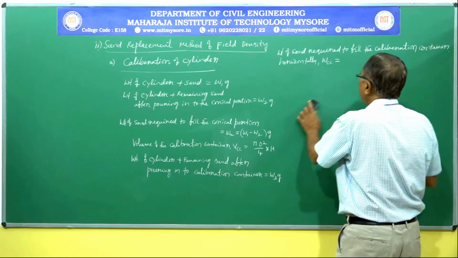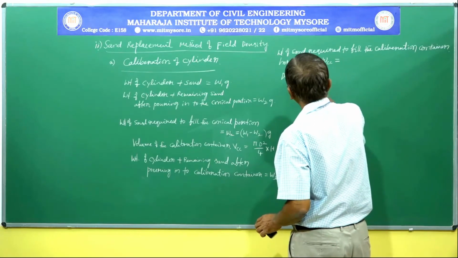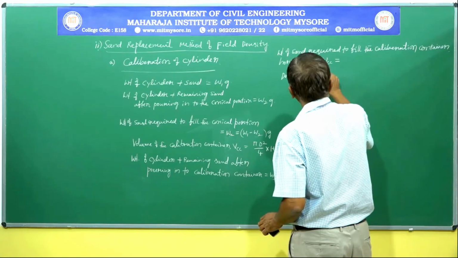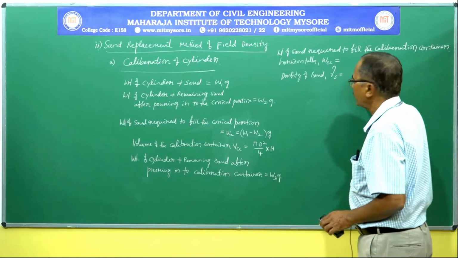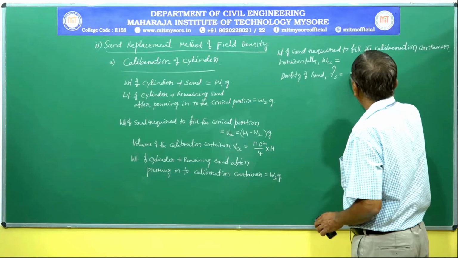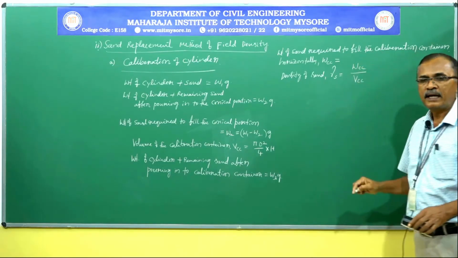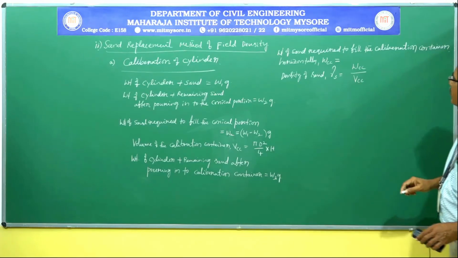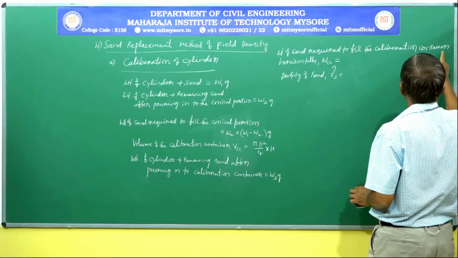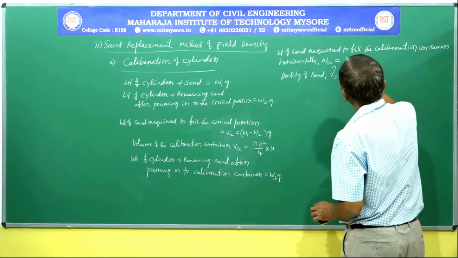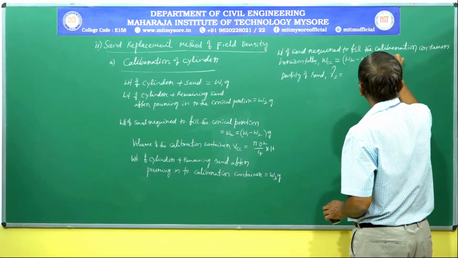Next, density of sand, gamma S we can call, is equal to WCC divided by VCC, where WCC is the weight of sand required to fill the calibration container. WCC is equal to W2 minus W3 minus WC.